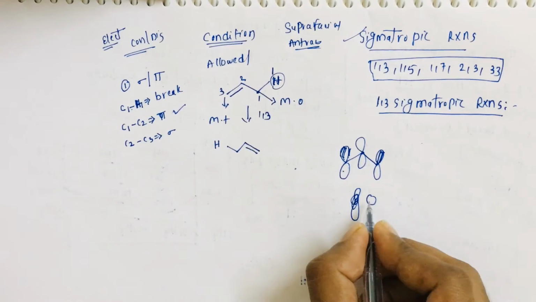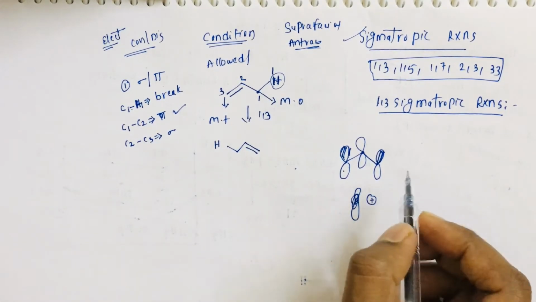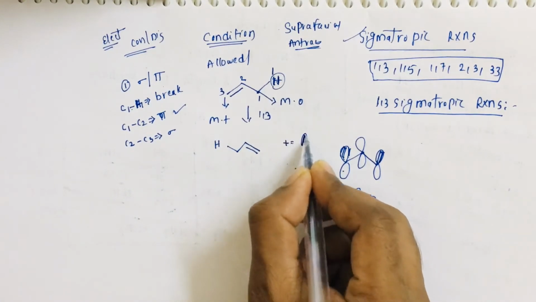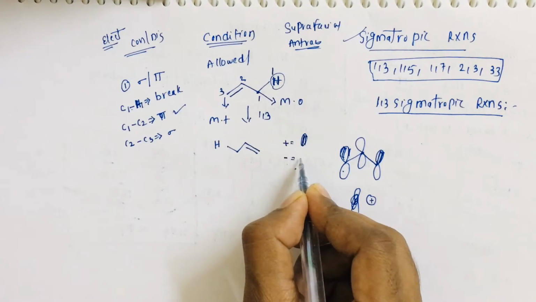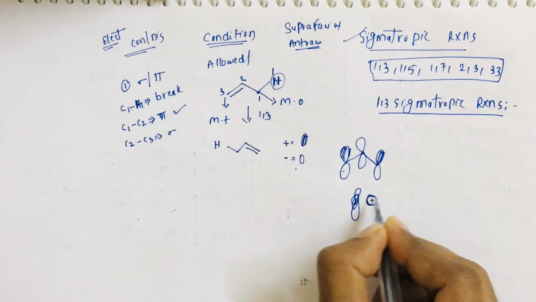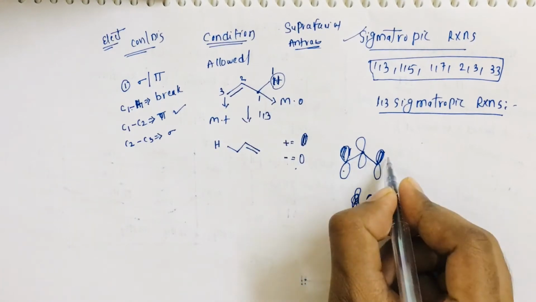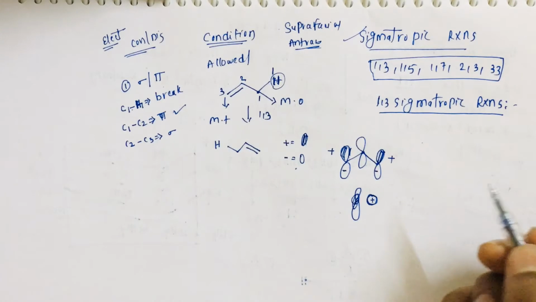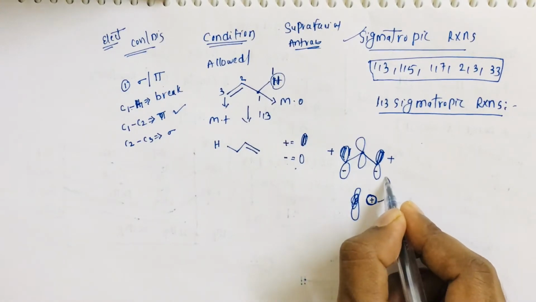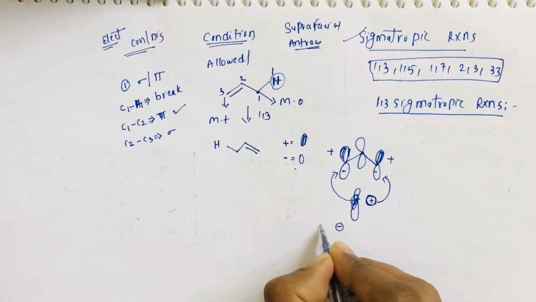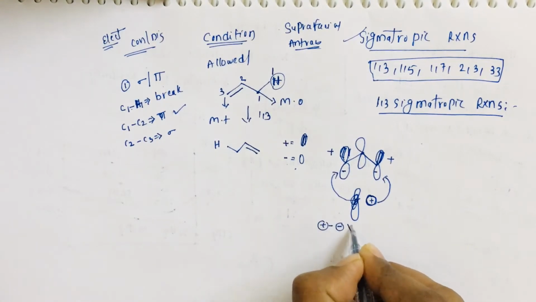Positive means shaded region, and negative means unshaded. So this is positive, this is positive, and this is negative and this is negative. Now this positive and negative attack is forbidden, this is not possible.